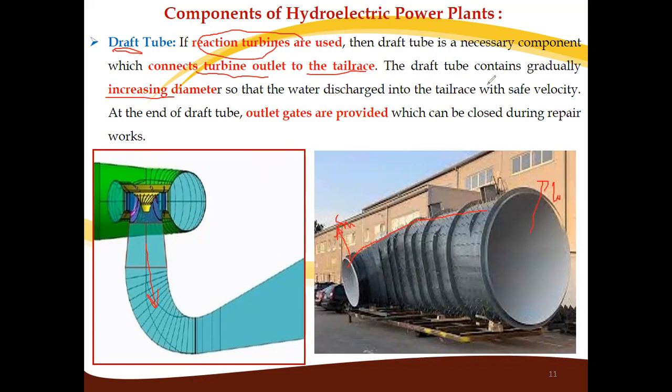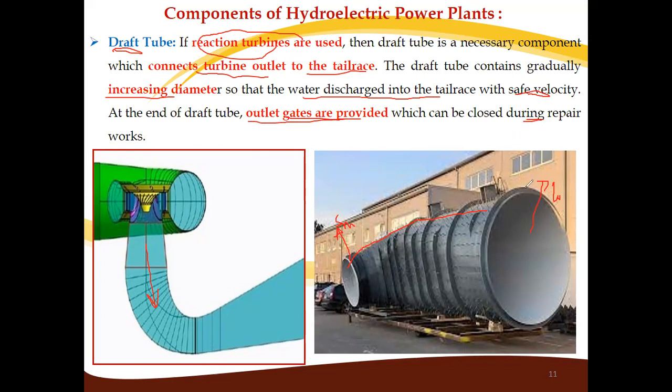So the draft tube contains gradually increasing diameter so that water discharges into a tail race with safe velocity. And at the end of this draft tube, outlet gates are provided, which can be closed for repair or maintenance work.